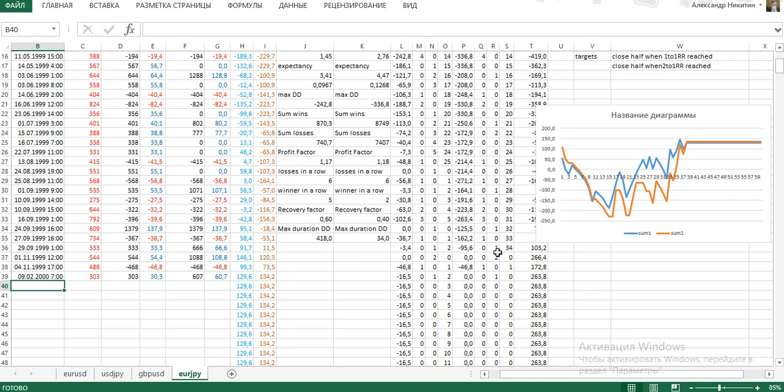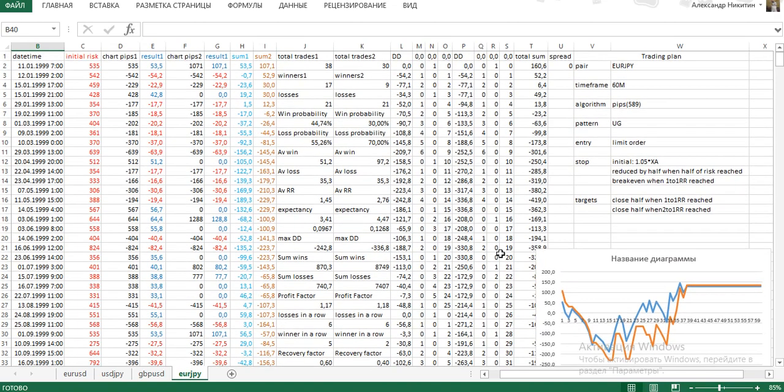As for trade management, the trading plan looks this way. First, you need to identify the pattern, and you need to use some kind of algorithm. The algorithm is pipsage, and it says that reversals that are less than 58.9 pips are ignored, and the swing only starts when you have a reversal more than that.